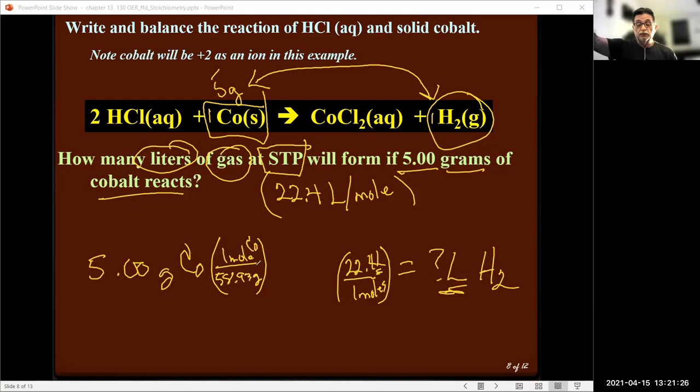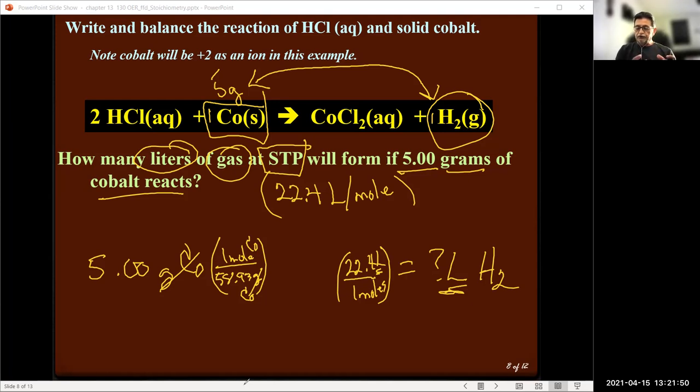That is the atomic weight of cobalt, and I simply got that from the periodic table. I put it with grams in the denominator because as I do the math, grams cancel, leaving me with moles of cobalt.